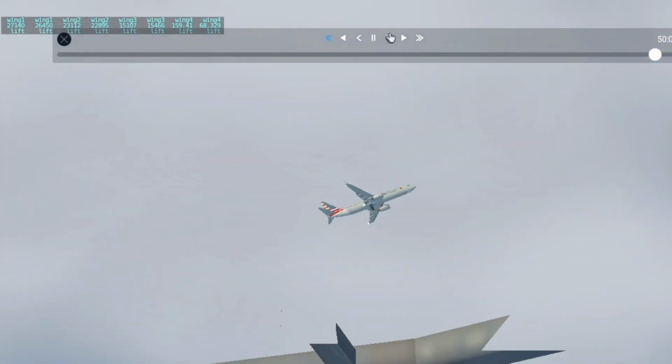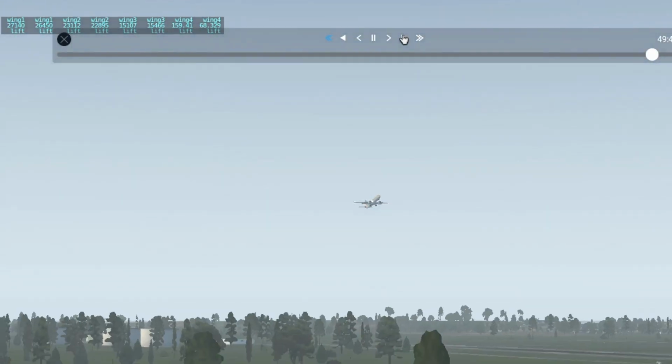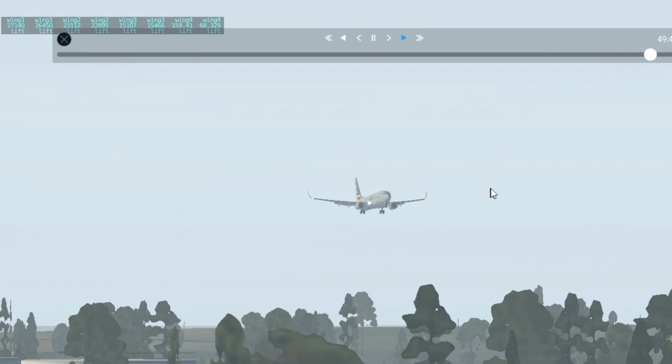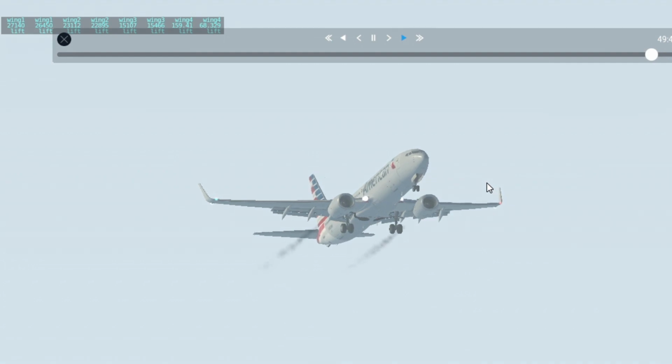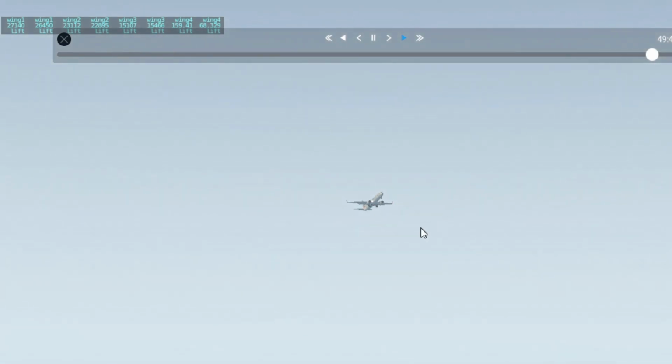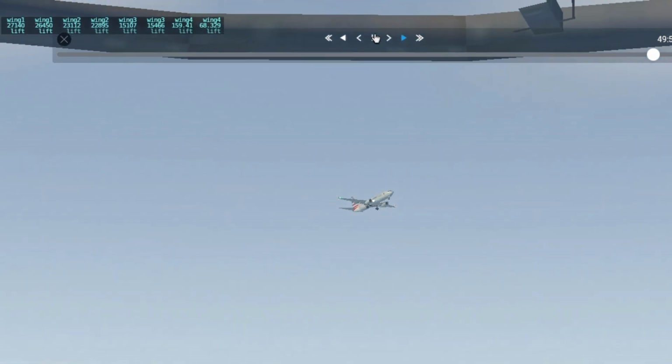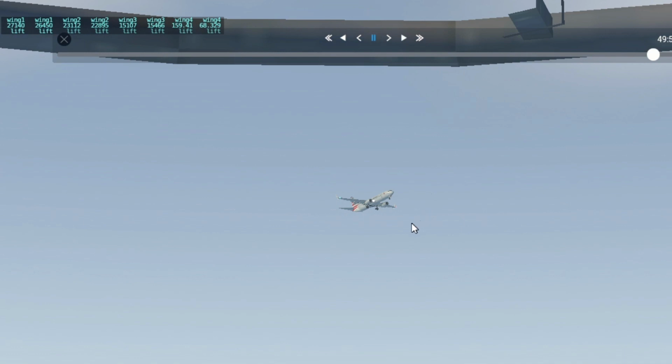And this is what the tower controller would have seen as I made that go-around. All right, and yeah, that's the go-around. And now all we've got to do is fly the airplane, follow the standard approach procedure to a T, and then come back in for another landing. Simple as that.